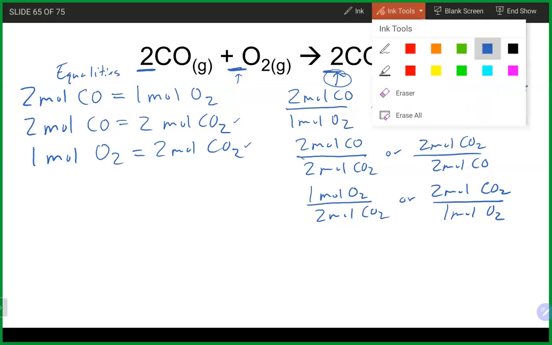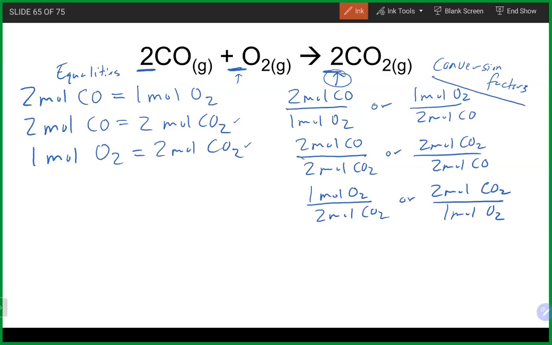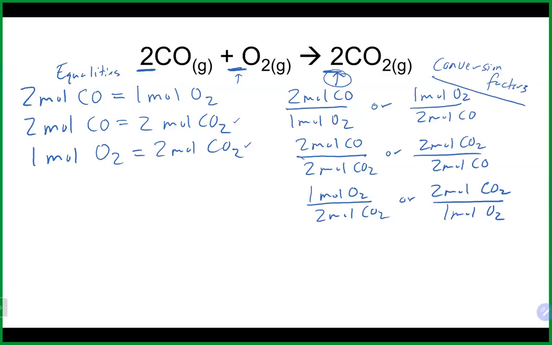So why don't we run through the 4 steps here and see how we could use this. So let's say, for example, we produced 125 grams of CO2 in this reaction.